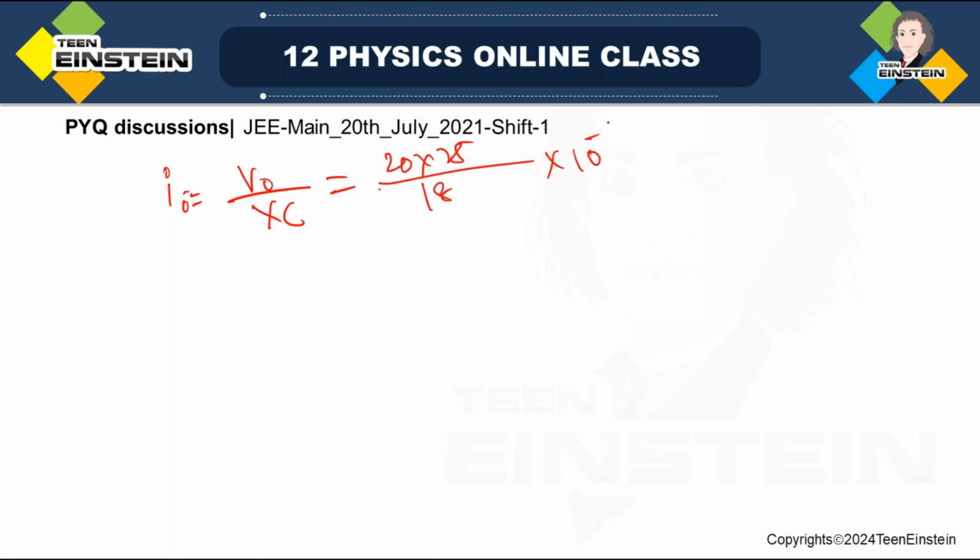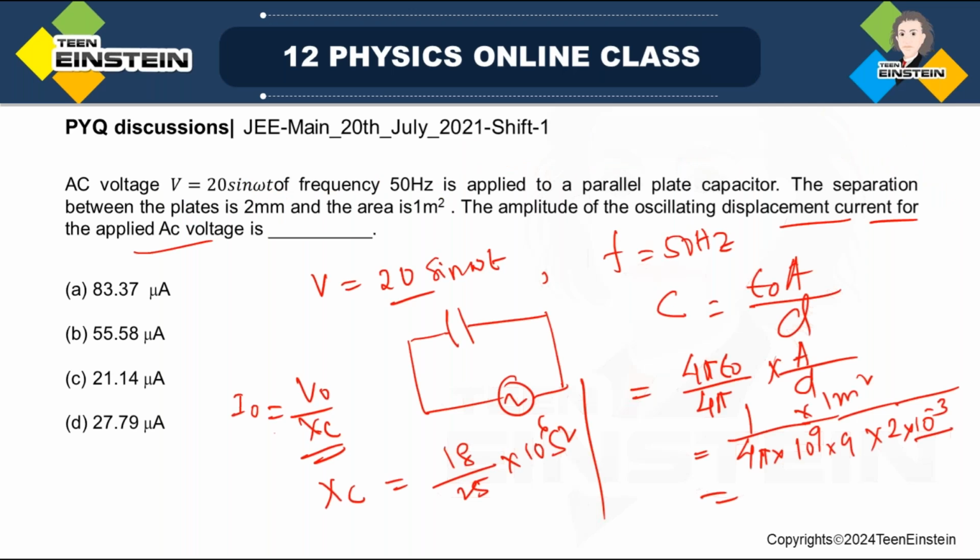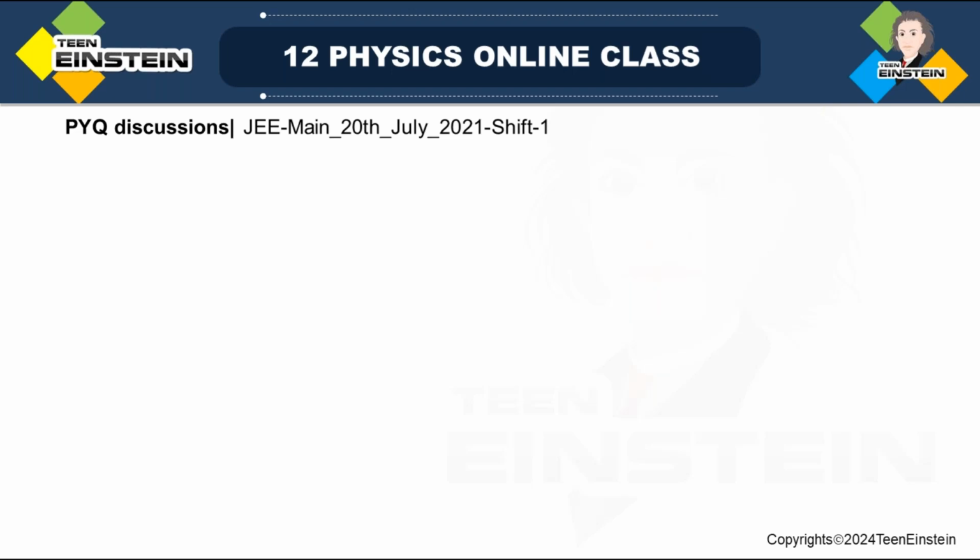So this is 10 to the power minus 6. This will give you the ampere, okay? And if you do this simplification, what you might get, you will get 27.74. Okay, so this will be in microampere. All right, so this is actually the answer for this question. Let us go to the next problem.